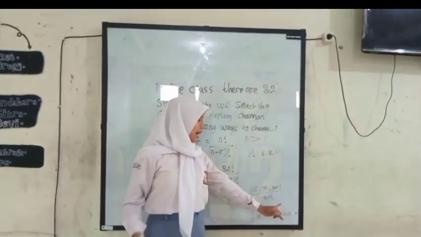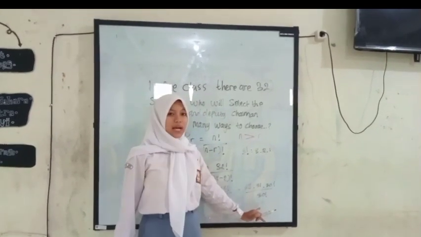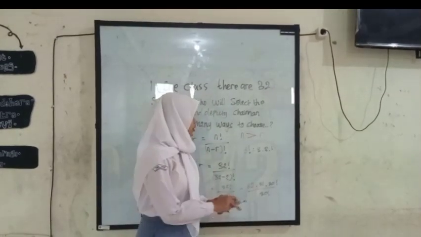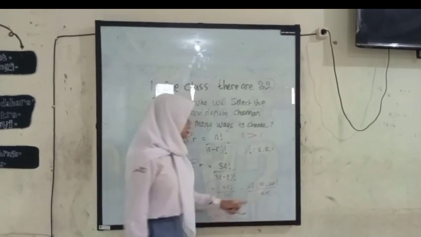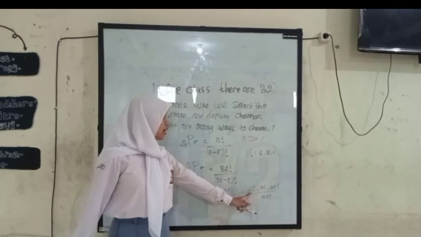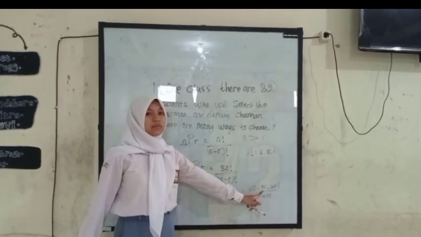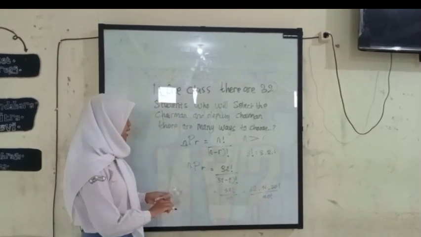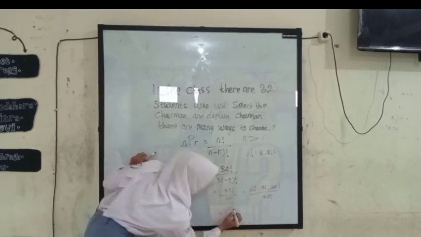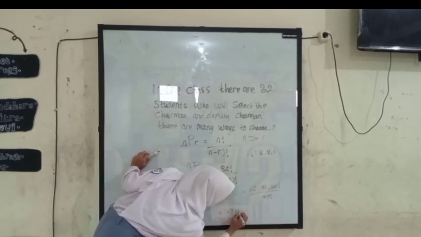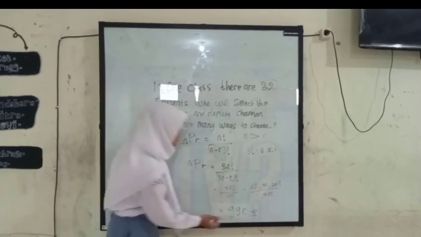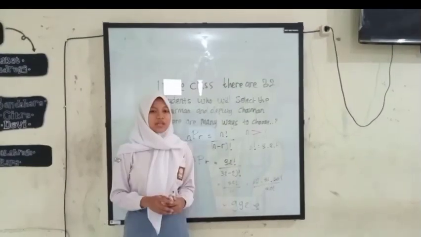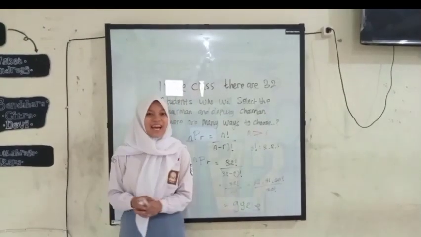Because 30 factorial and 30 factorial are the same, we just need to cross them out. So there are only 32 times 31. So we know the answer is 992. Okay, so simple, that's right.